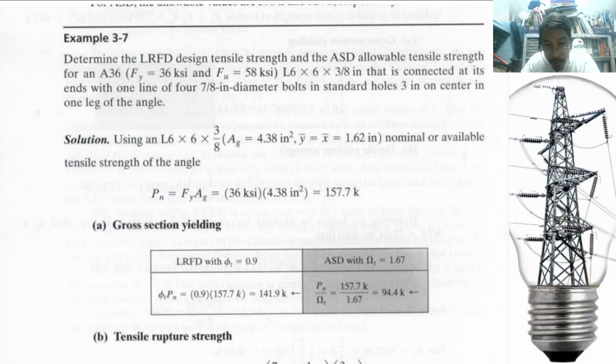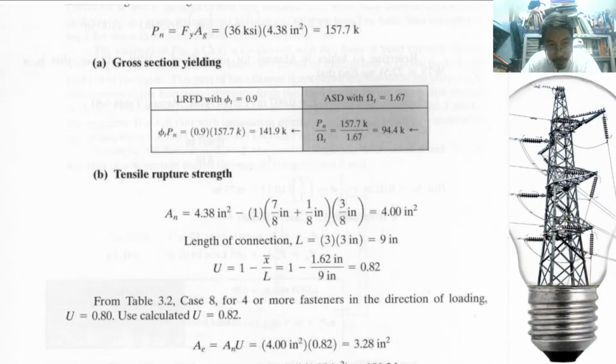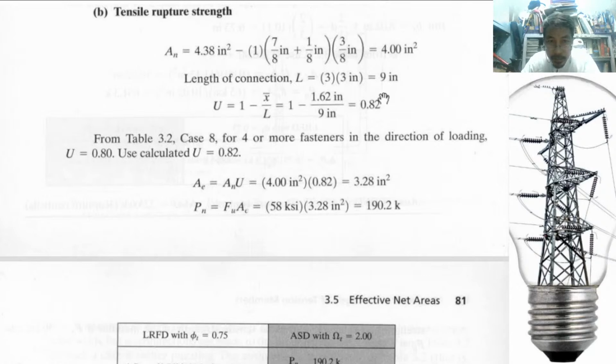Now let's proceed to the next. We are now going to solve for the effective area and tensile rupture strength. So for net area first, let us use the gross area minus. Okay, let us subtract. So now we are going to subtract the hole. Why is it minus 1?